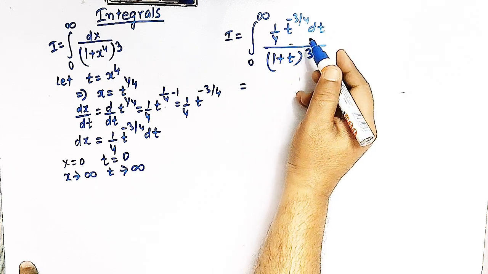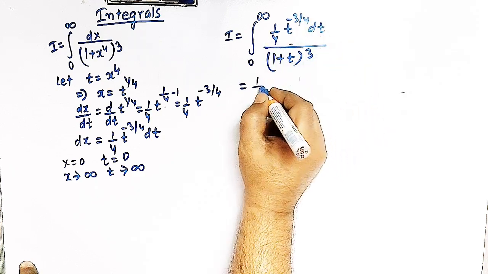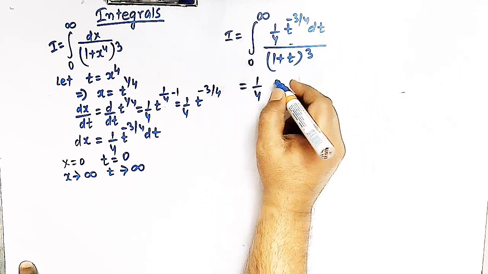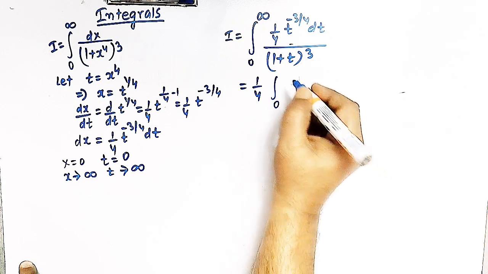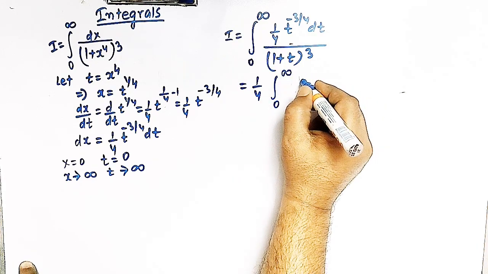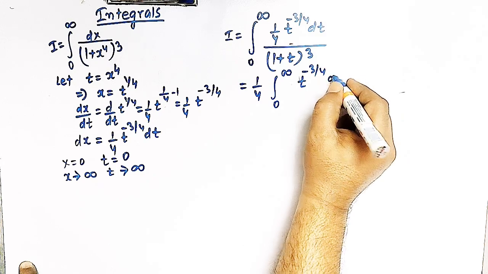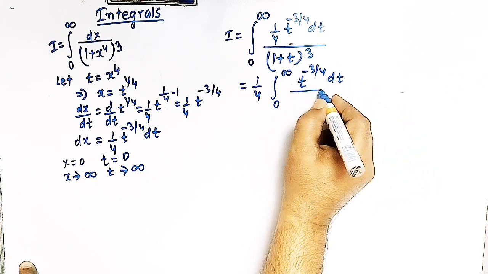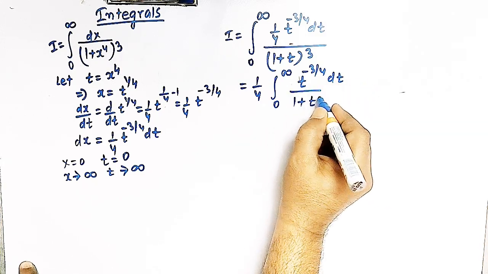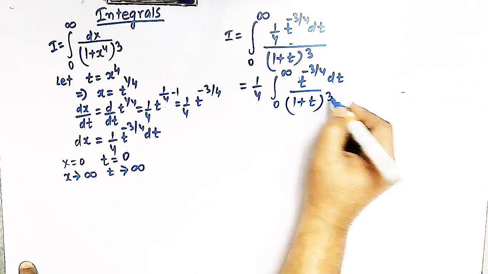So now let us simplify it. So we have 1 over 4 outside the integral, then we have 0 to infinity, and we have t raised to minus 3 over 4 dt, and here we have (1 plus t) raised to 3.